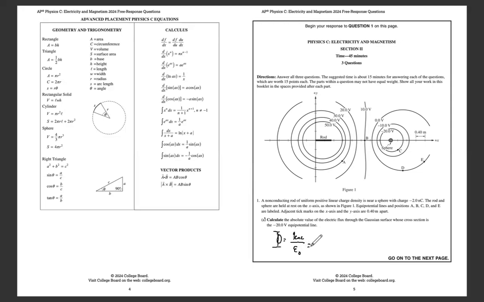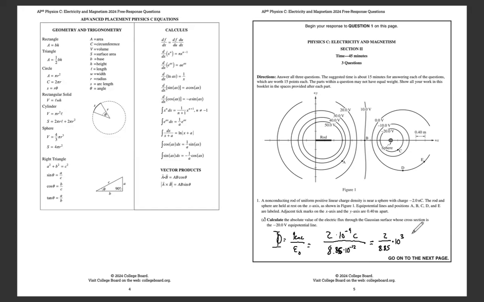That's going to be 2 times 10 to the negative ninth coulombs over 8.85 times 10 to the negative 12 for epsilon naught. So that's going to give you 2 divided by 8.85 times 10 to the third power.